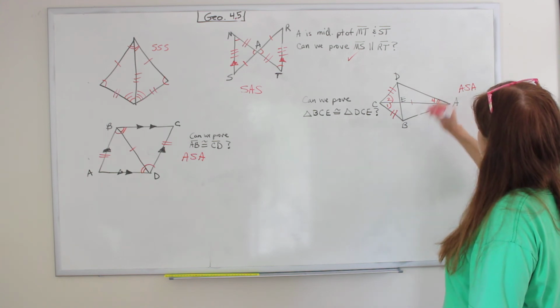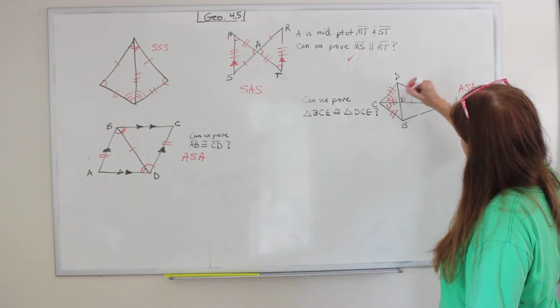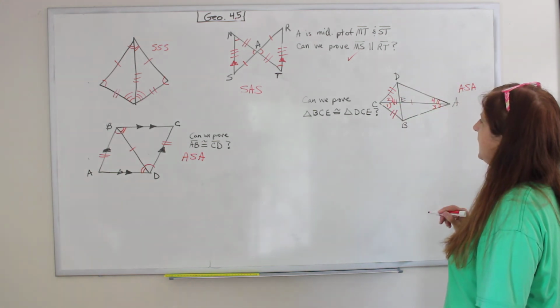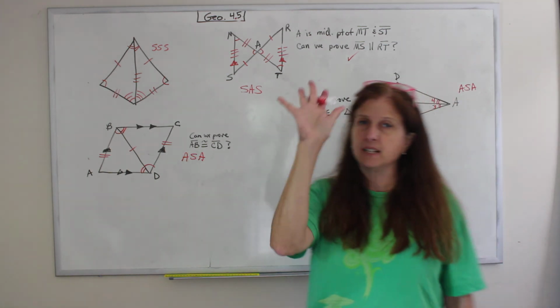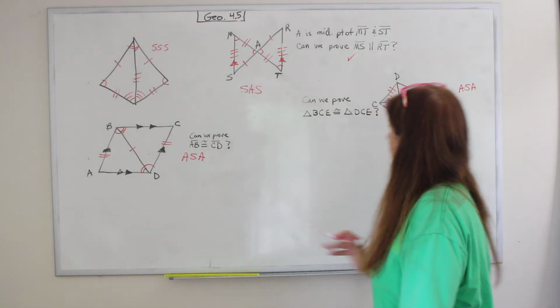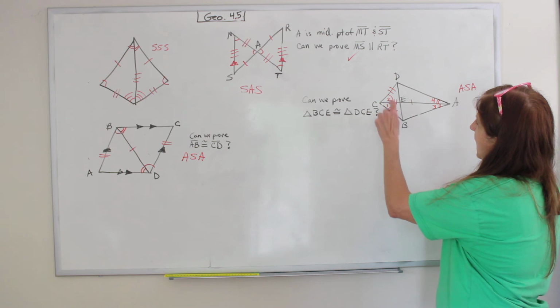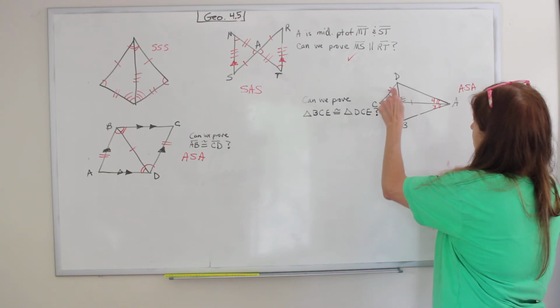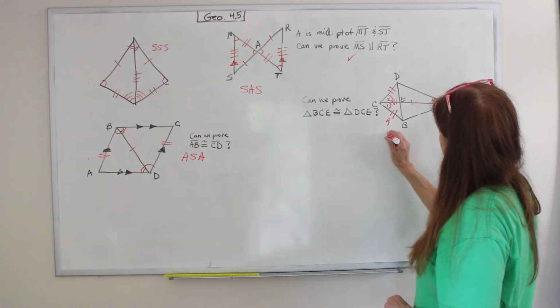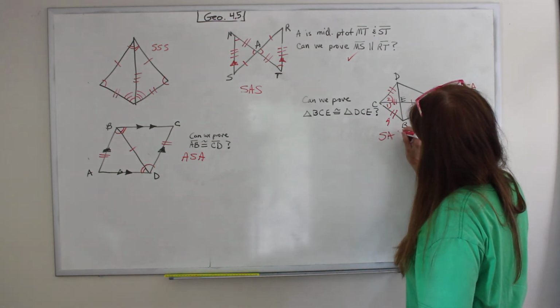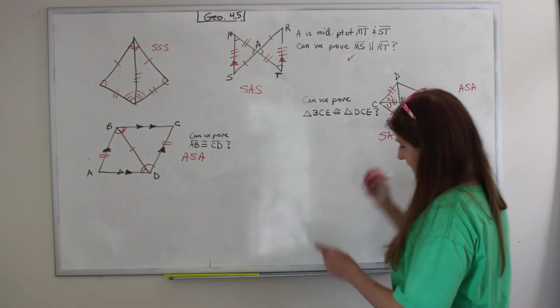And then we could say that this line CE equals itself because of the reflexive property. And then we have side, angle, side, so we can prove those two little triangles are congruent by side, angle, side.